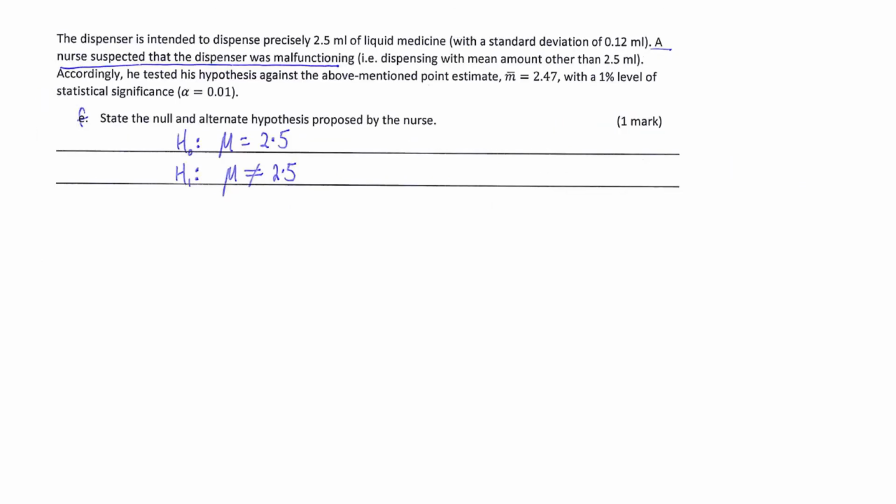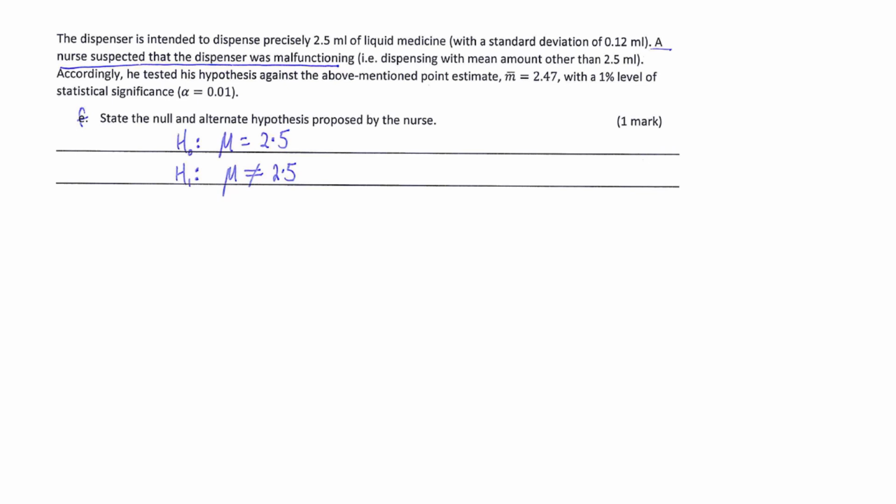The dispenser is intended to dispense precisely 2.5 mils of liquid medicine with a standard deviation of 0.12 mils. A nurse suspected the dispenser was malfunctioning. What does that mean? That means dispensing with a mean other than 2.5 mils, so non-directional. Most of you got this correct, which was nice.